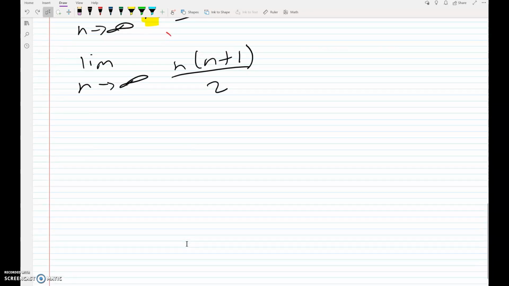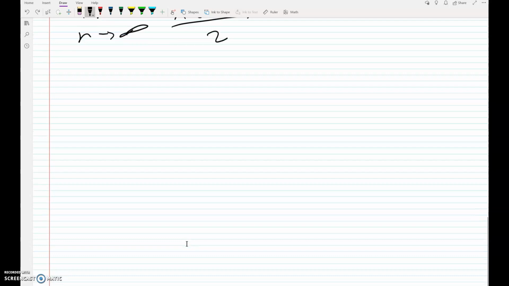For example, let me write one up. Let's say we wanted to know the sum from n starting at 1 to infinity of 1 over 3 to the n minus 1.